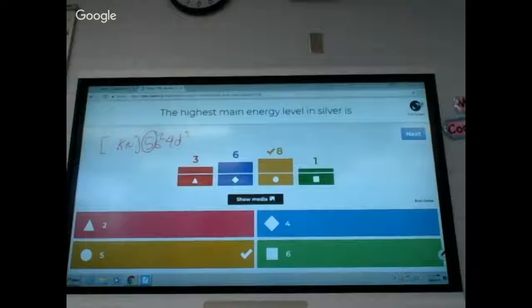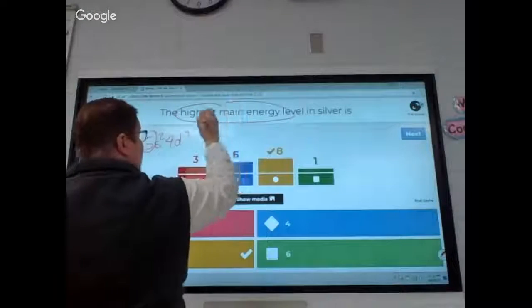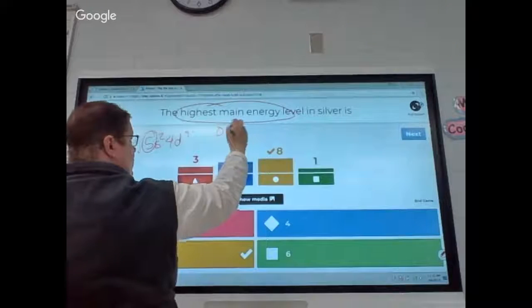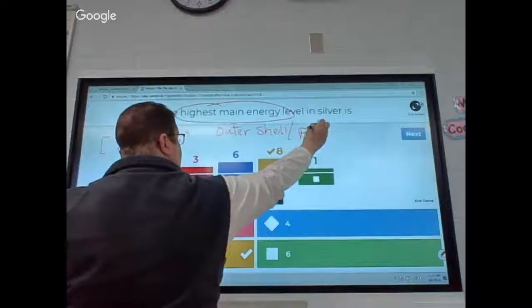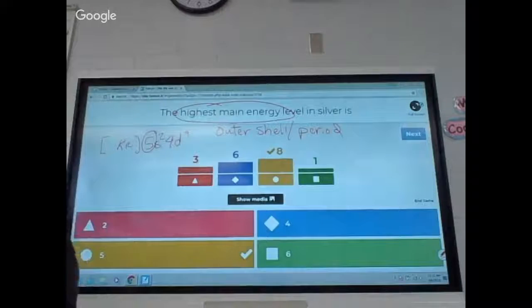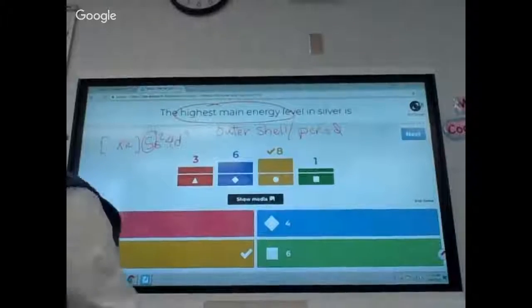Period 5. Either way would work. But the highest main energy level here means outer shell or period. Does that make sense? But that's a terrible spread with only 8 people getting that question right.